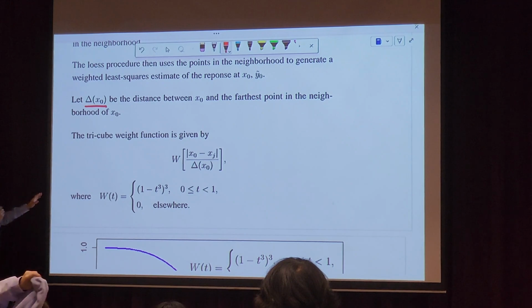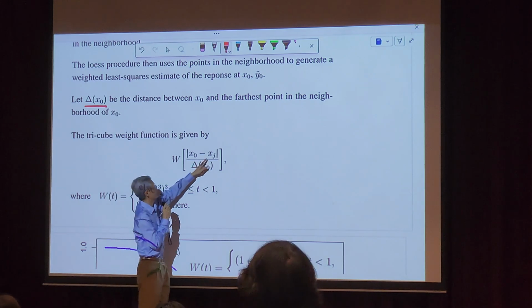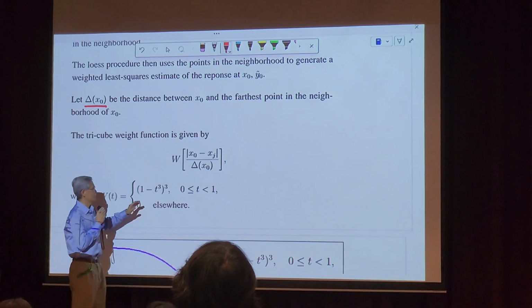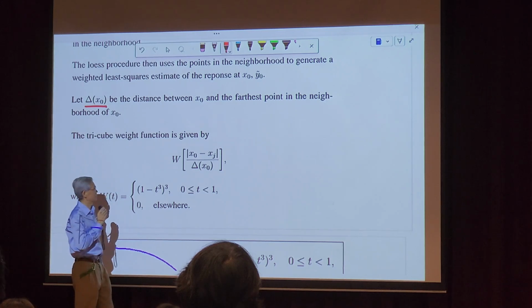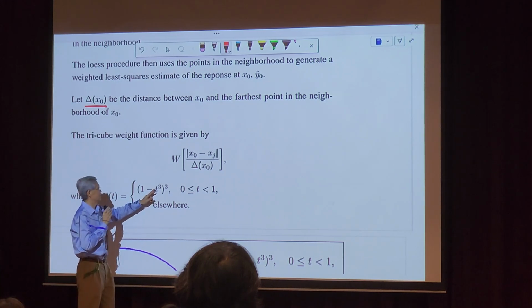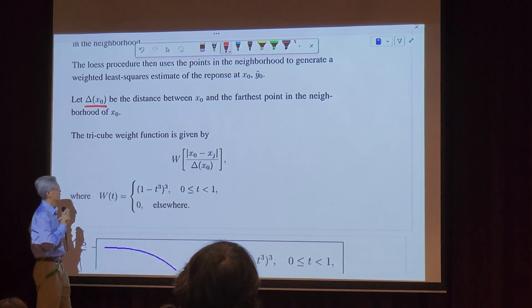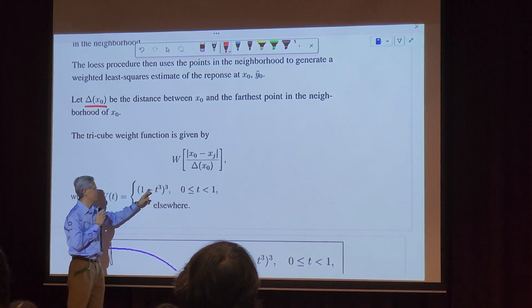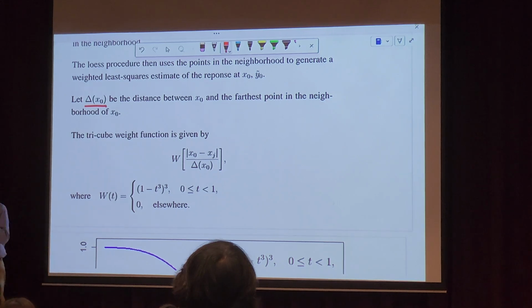Then the weight given to a particular point is based on how far that point is from here. So if this point is exactly x0, then t will be 0, and you have a weight of 1 to the power 3, which is the maximum weight.